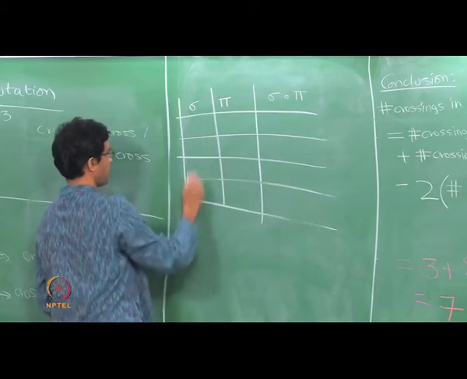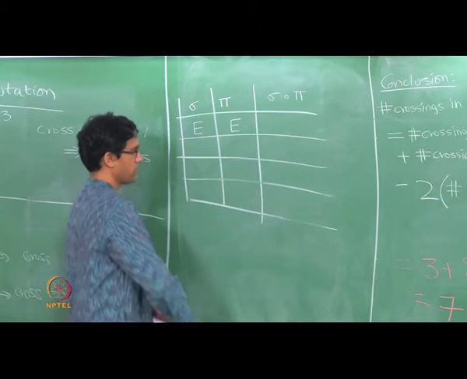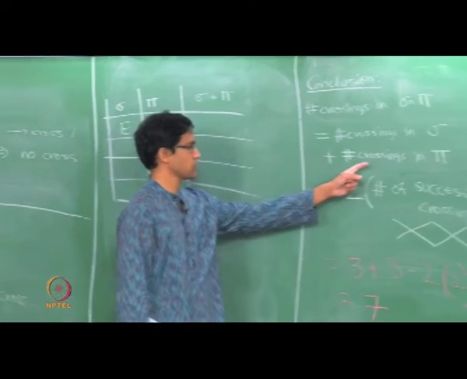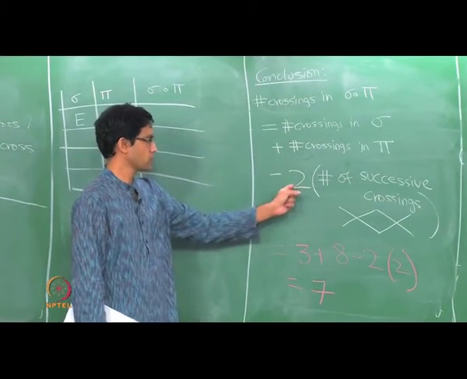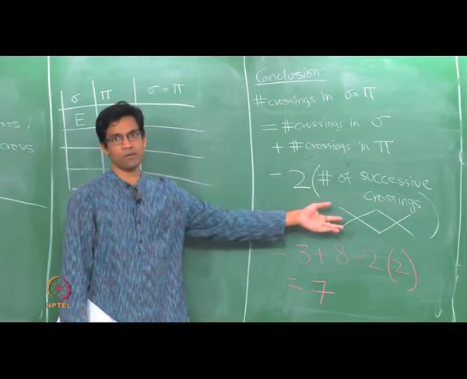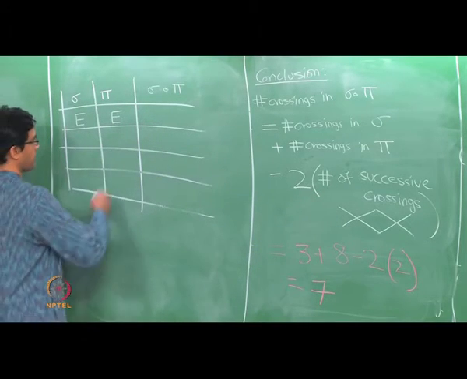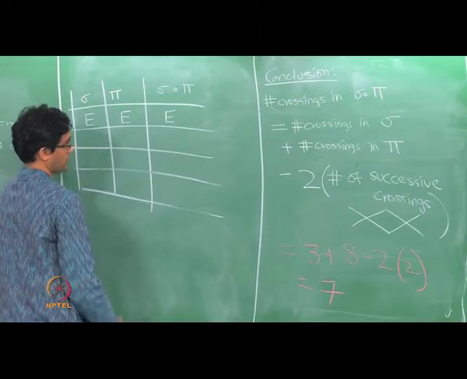If sigma and pi are both even permutations, that means the number of crossings in sigma is even, the number of crossings in pi is even, the sum of 2 even numbers is even, and this thing you are subtracting out is always an even number because it is 2 times something. So if both are even, then of course the right hand side is an even number.